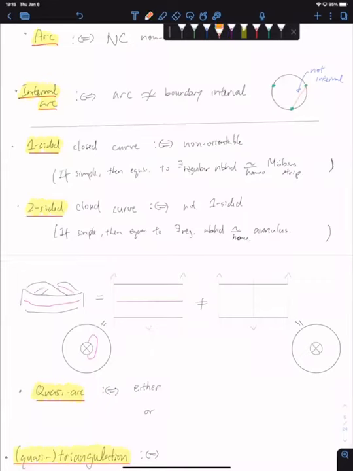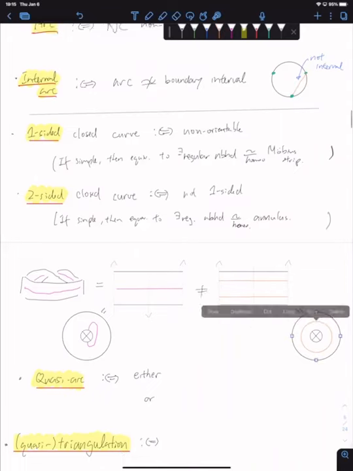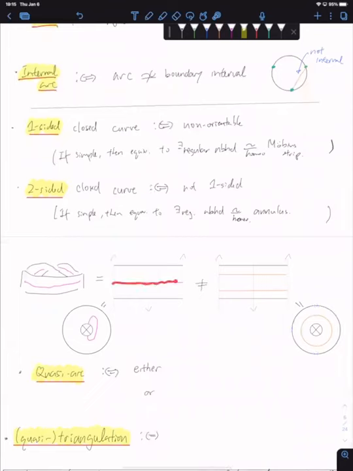And the two-sided closed curve on this surface is the one you usually see, which is this one. If you draw it on the double cover, it becomes two copies of the same thing. This will come back to us, and that's the key point: a one-sided curve is just one curve on the double cover, and a two-sided curve has two copies on the double cover.